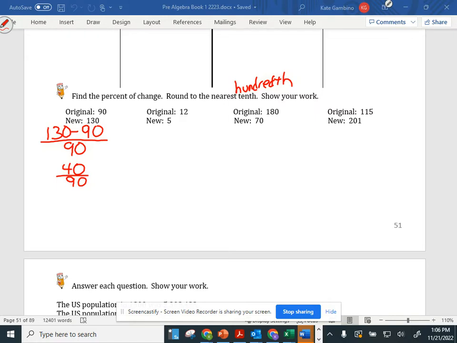So now we need to do our long division. Okay. 40 divided by 90. Okay, so work out your long division. You know what, let me write it a little bit bigger so we can see it better.